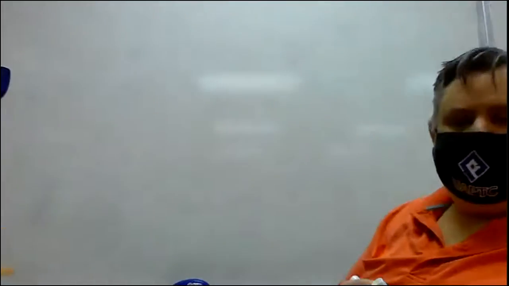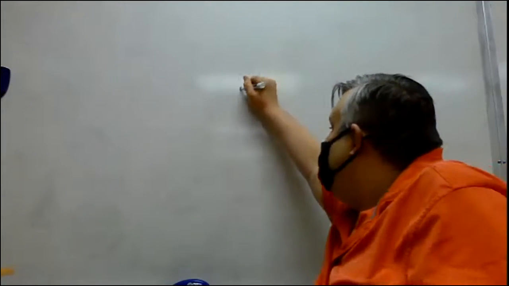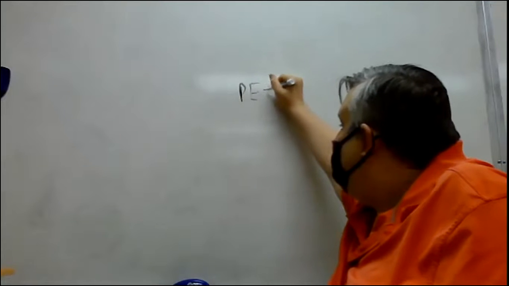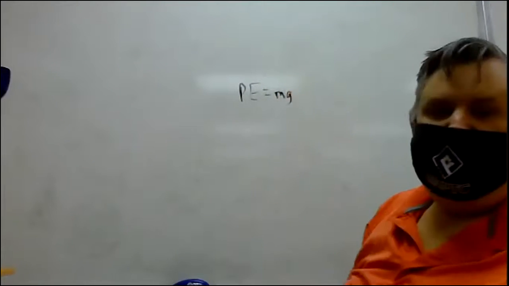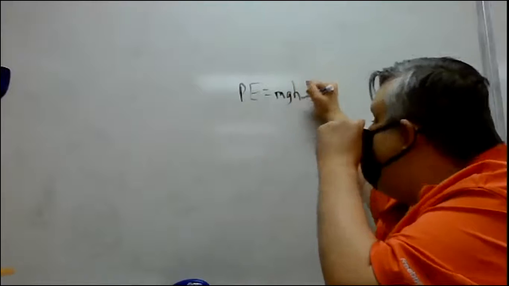But mass times the acceleration of gravity times distance is also the potential energy formula. Or at least it would be. We're going to make one small change. Instead of using D, we're going to use H.